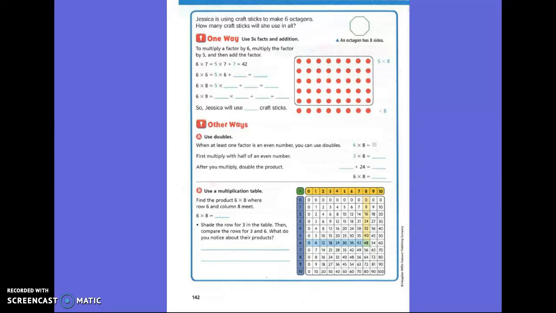So we're going to say she's using craft sticks to make 6 octagons. Octagons have how many sides, guys? 8. Octagons have 8 sides. How many sticks would she need to make 6 octagons? So what we're going to do is multiply a factor by 6 and multiply the factor by 5 and then add the factors.